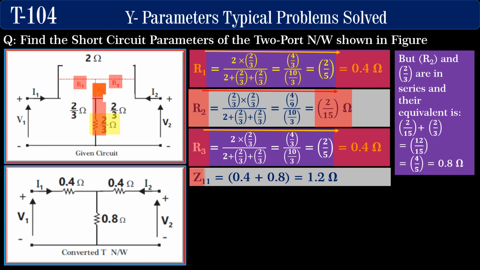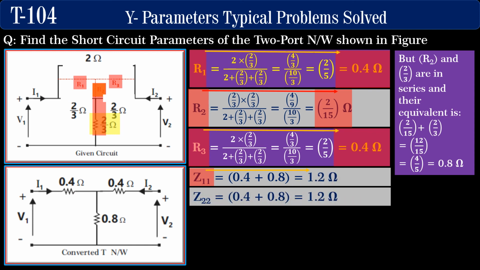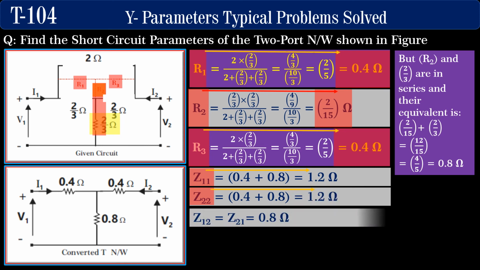Now, Z11 is equal to 0.4 plus 0.8 and Z11 is equal to 1.2 ohm. Similarly, Z22 is equal to 0.4 plus 0.8 and we get Z22 is equal to again 1.2 ohm.